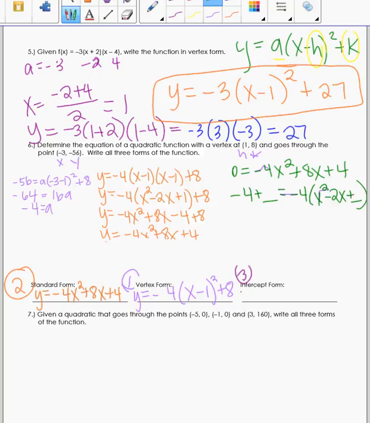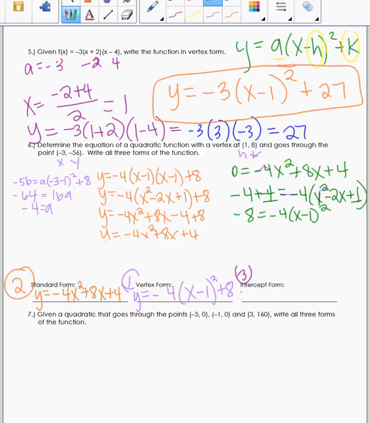So negative 2 divided by 2 is negative 1. Negative 1 squared is 1. I didn't just add 1, I added 1 times negative 4, which is negative 4. So you end up with negative 8 equals negative 4 times x minus 1 squared.